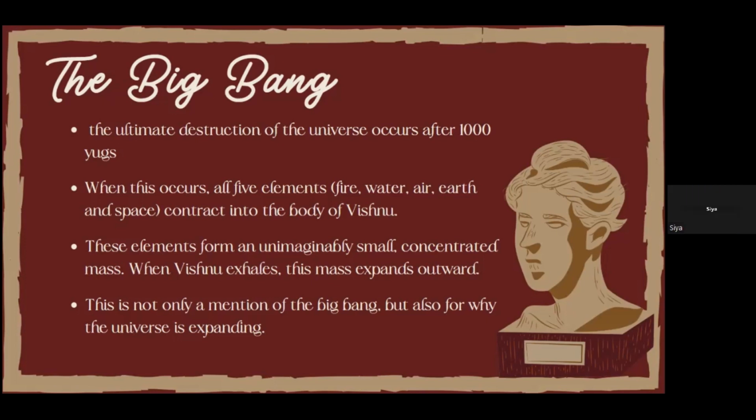Anyway, the Big Bang is one of the more, you can say, extravagant topics because it's explained really poetically in the Vedas. The thing is, as I told you before, the ultimate destruction after 1,000 yugs, that is one day in Brahma's life, everything gets destroyed.